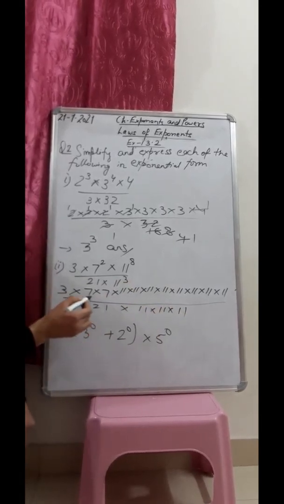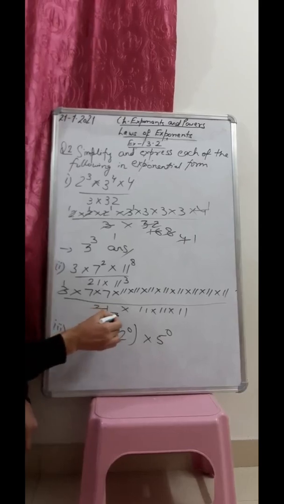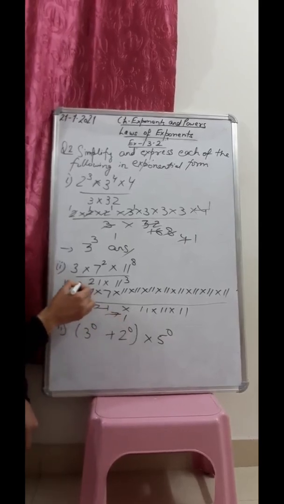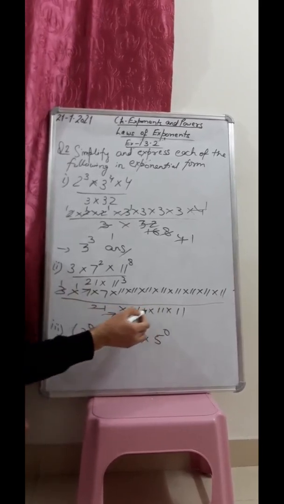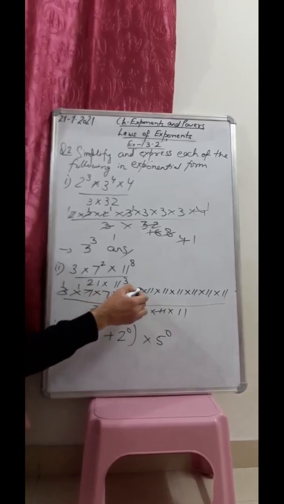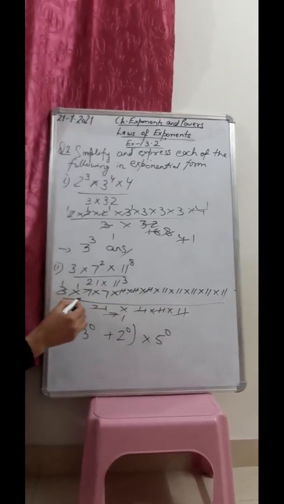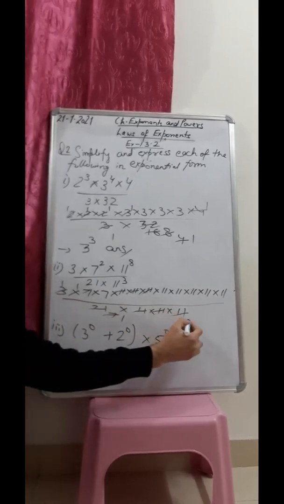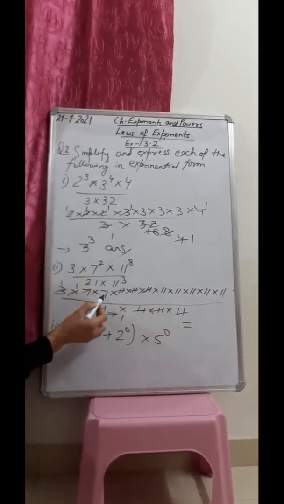So now we can cancel. 3 and 7 make 21, so that cancels, and here there are 3 elevens in the denominator, so each one will get cancelled by one 11. So in the denominator nothing is left, but in the numerator a 7 is also left.